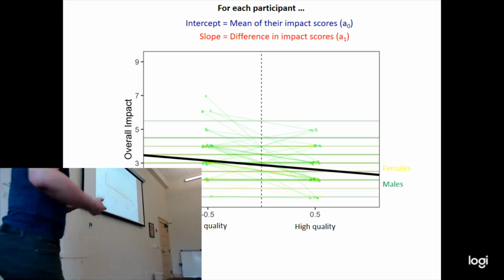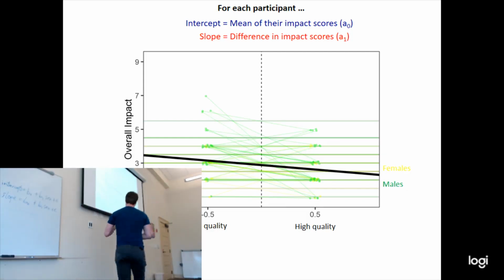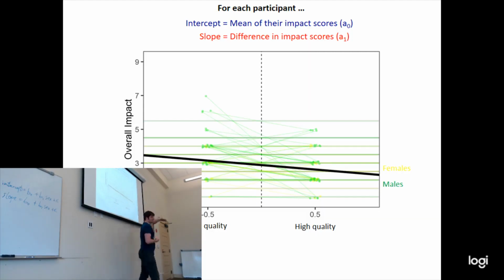I can color code both those pieces of information. So yellow horizontal lines represent the female intercepts. The green horizontal lines represent the male intercepts.